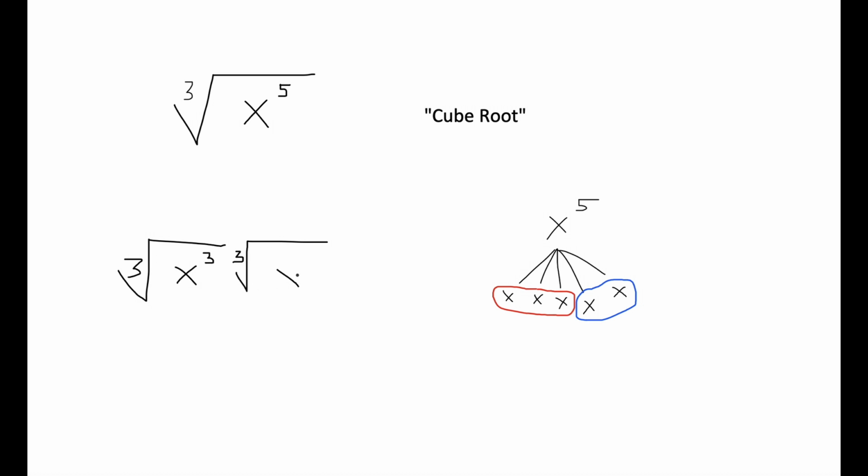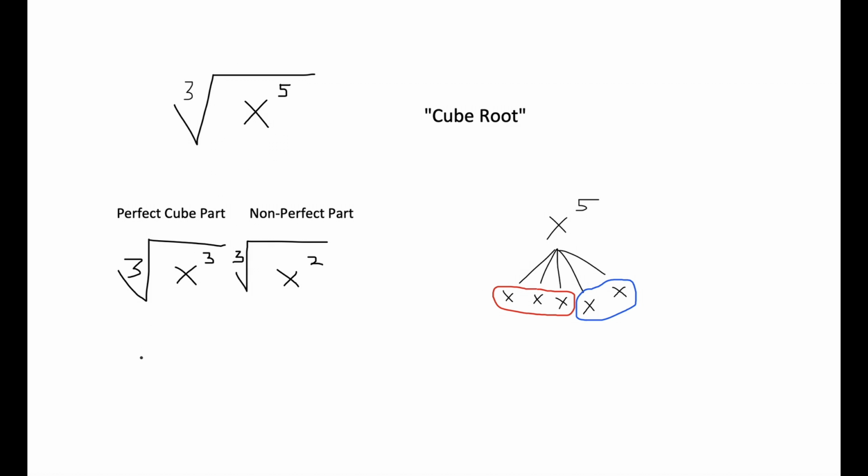And I'm going to leave the 2 x's to be put into the radical on the right. This time what we're finding is the perfect cube part of the expression. And then we're finding some other factors which are not quite perfect cubes. So x cubed is the largest cube in x to the 5th.